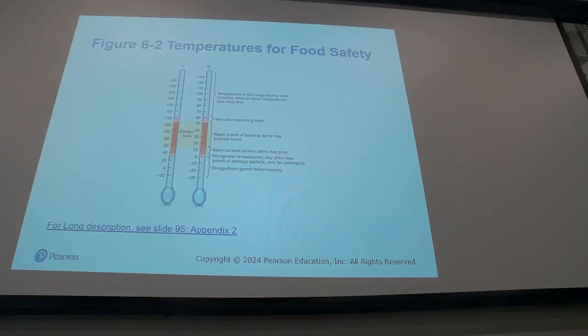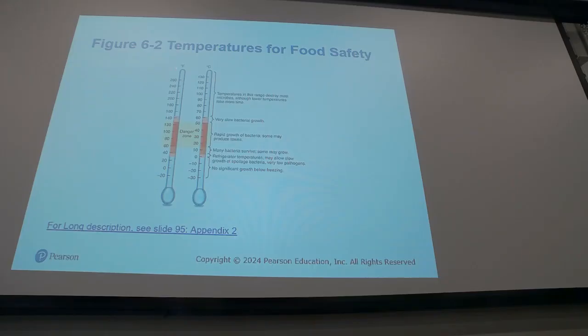So we care about this because if we know the range of temperature where they can grow and we know the minimum temperature and the maximum temperature, we can manipulate this temperature for preparing food or preserving food. So when it comes to food safety, we have something that we call the danger zone.